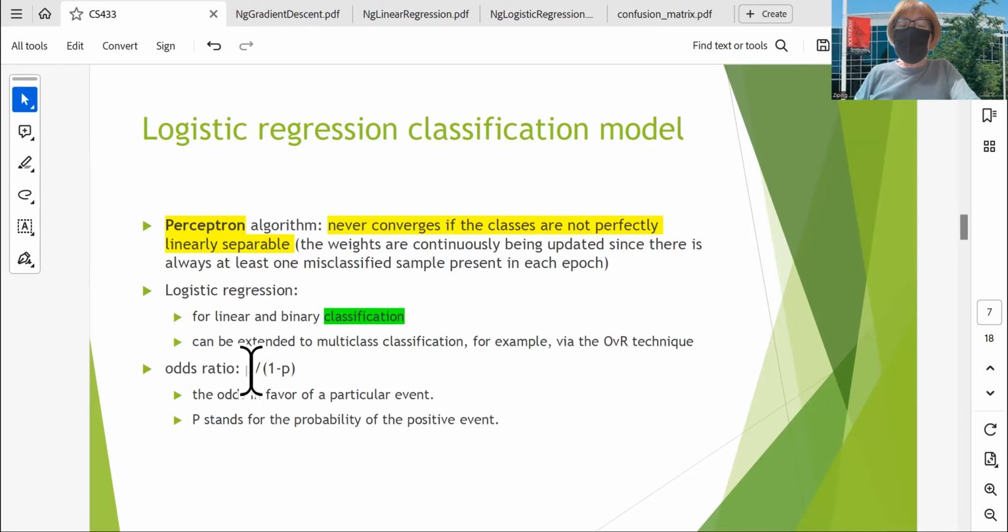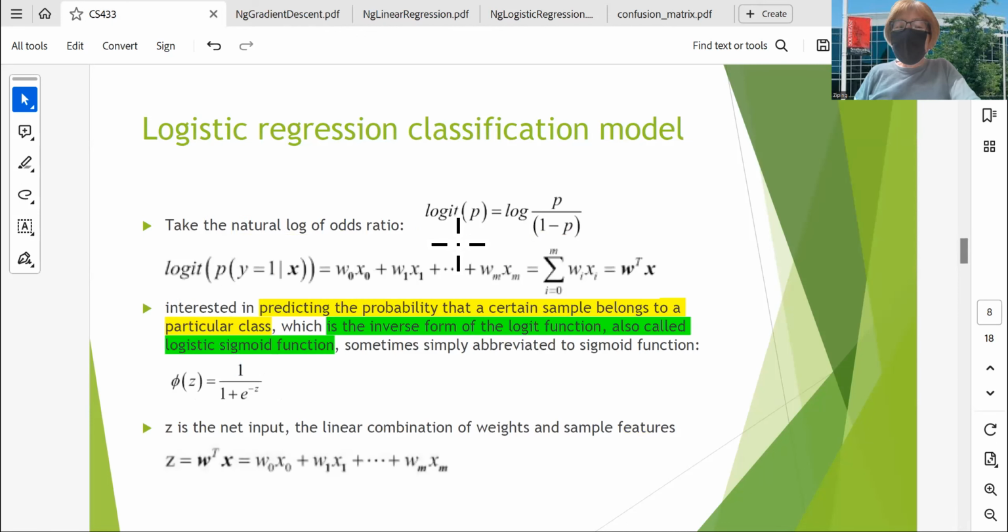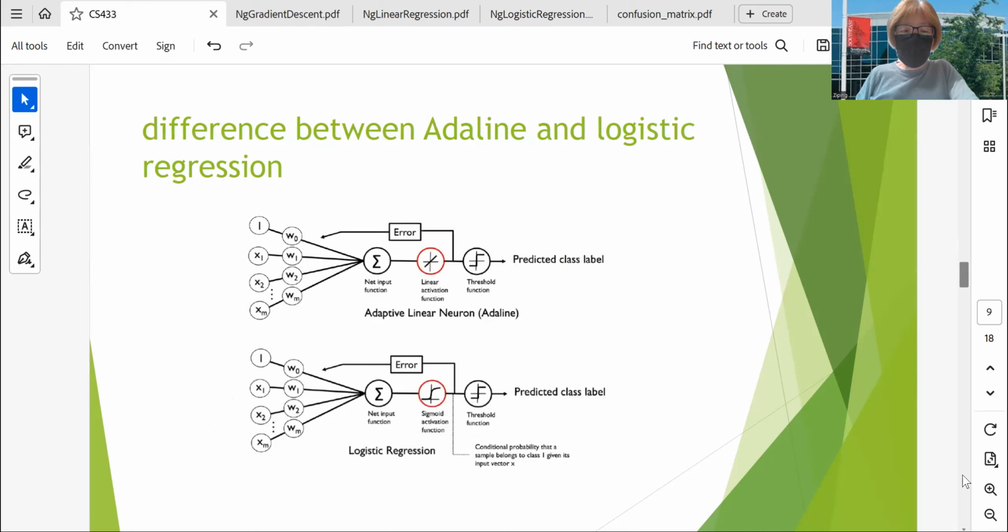It uses the odds ratio, and we can take the log of the odds ratio, which will be the net input. Then we use this sigmoid function. We call it the logistic sigmoid function. This is the decision function, and previously we already saw it.